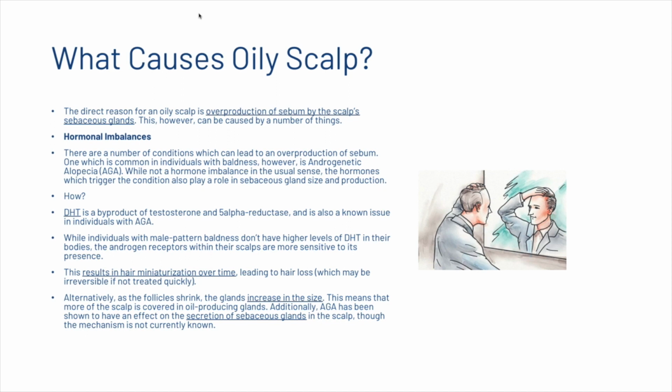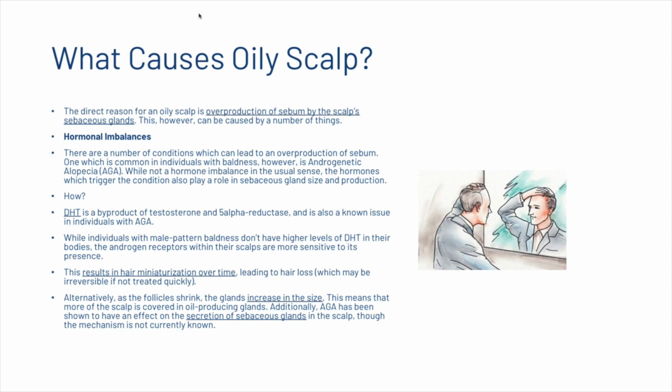How? Well, DHT is a byproduct of testosterone and 5-alpha reductase and is also a known issue in individuals with androgenetic alopecia. Now, while individuals with male pattern baldness don't have higher levels of DHT in their bodies, the androgen receptors within their scalps are more sensitive to its presence.